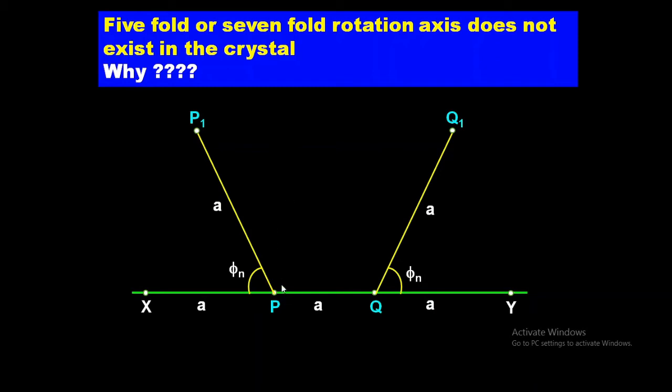Suppose the translation from p to p1 is the same a, and the translation from q to q1 is the same a.